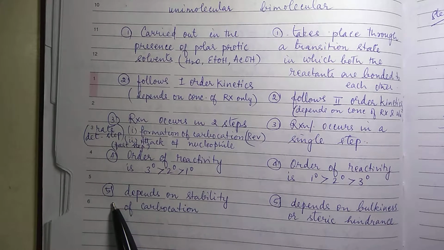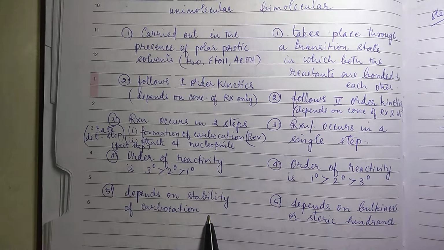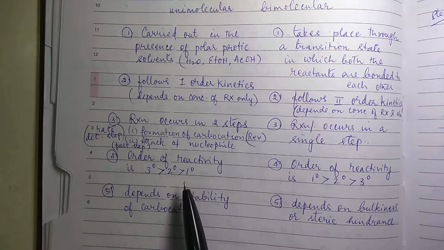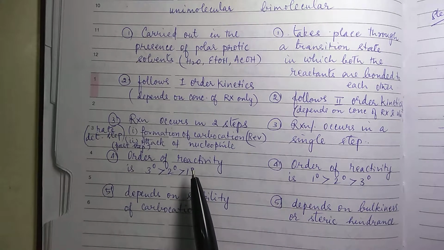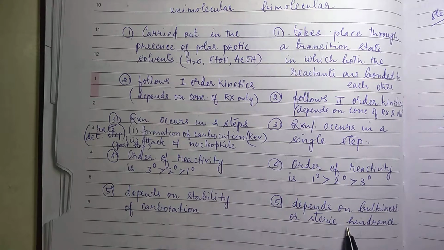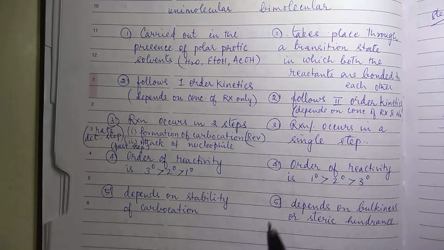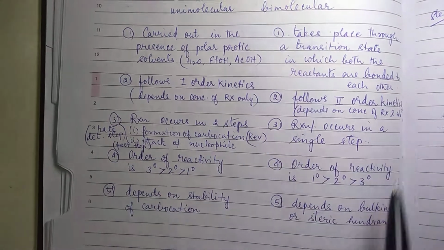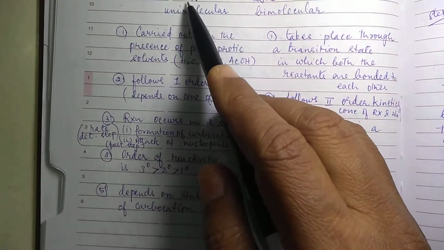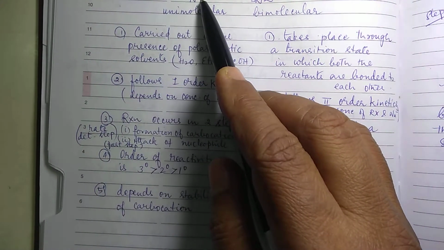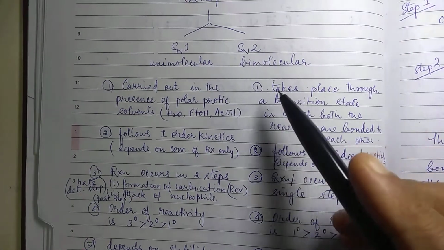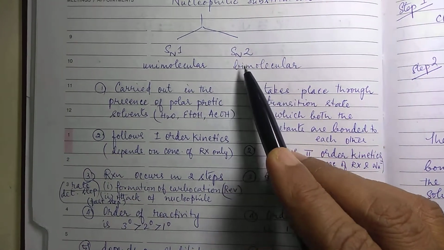Obviously, tertiary carbocation is more stable. So stability of carbocation is a very important factor when you decide the reactivity through SN1 reaction. Whereas in SN2 it depends only upon steric hindrance. So this is a brief idea about your SN1 and SN2 reaction. SN1 means substitution nucleophilic 1, which involves only one reactant. Here in SN2 it involves 2 reactants.